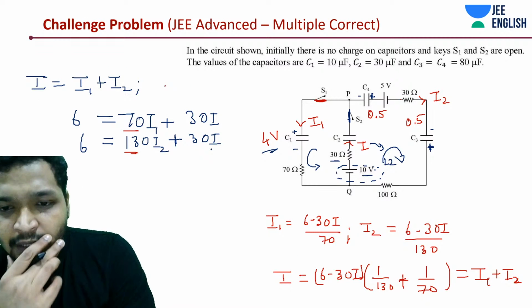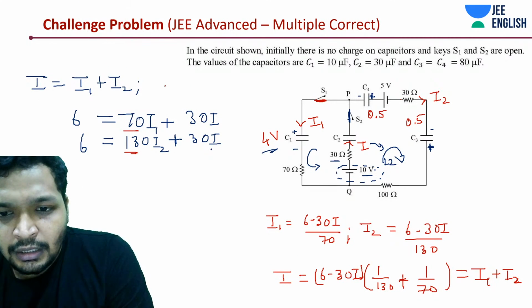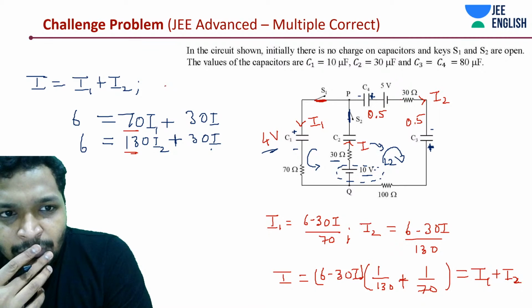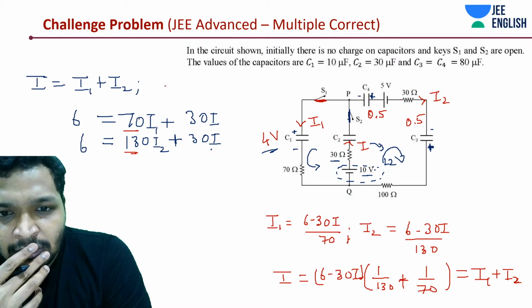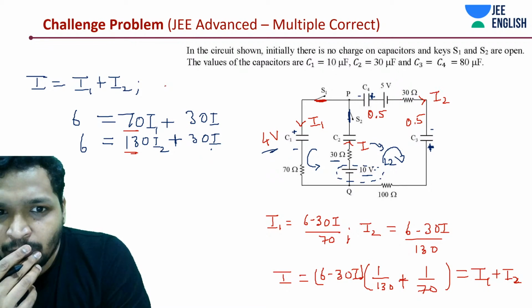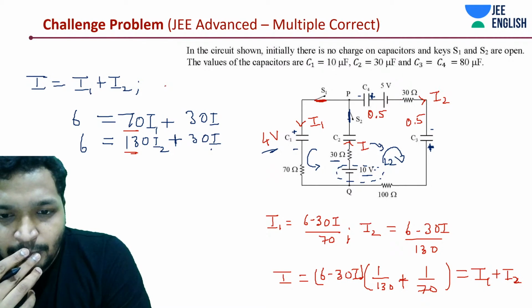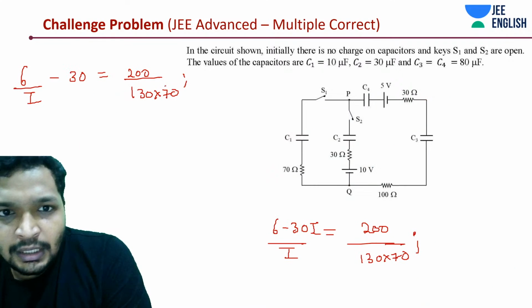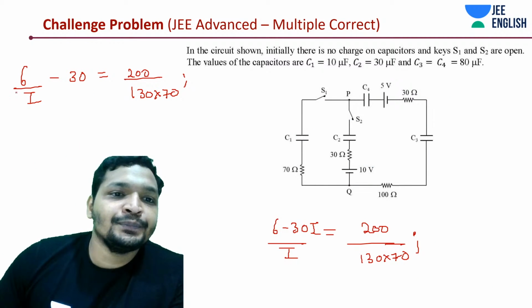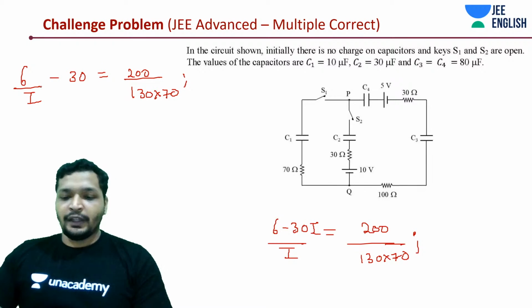I think if everything is correct, we need to verify that. First of all, into 30, 60 minus 30 divided by 70, 60 minus 30 divided by 130. Yes, that is fine. Then we add both of them, which is equal to I, and then we solve this equation. Which is also fine, I believe.